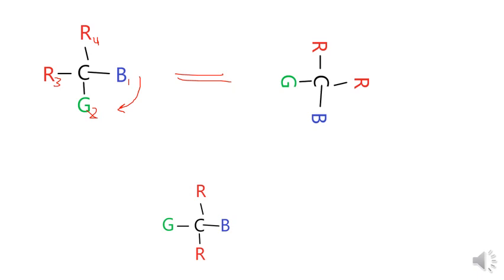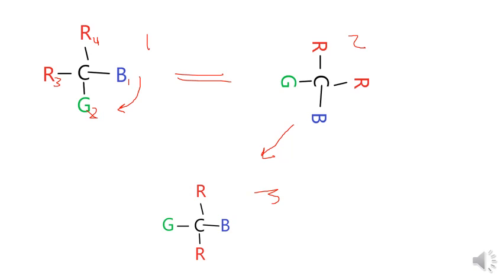Now, how about this guy over here, the bottom one? We'll call it structure 1, structure 2, and structure 3. Now, is structure 3 equal to 1 and 2? 1 and 2 are the same. But it doesn't look like it, because now the red and green are next to each other.